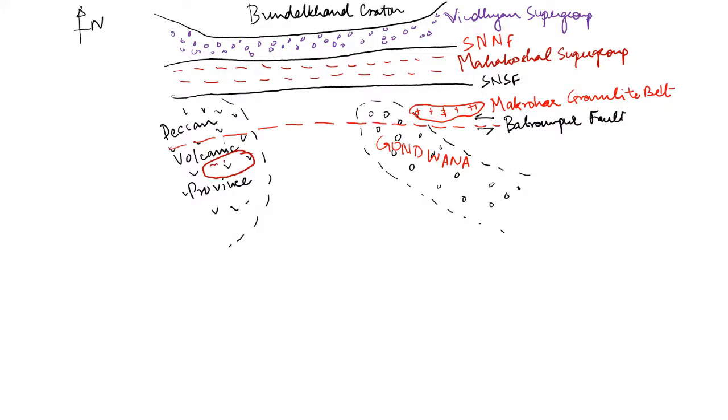So this is the Bethul Belt. Bethul lead and zinc belt. To the south of the Bethul Belt lies another fault plane, which is known as the Tan Shear Zone.